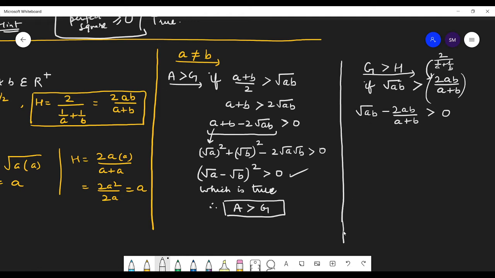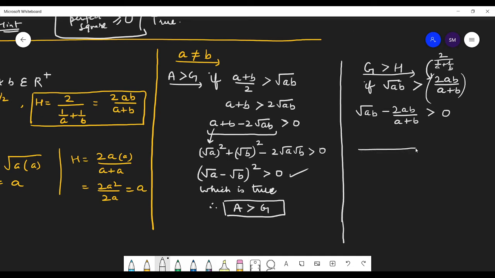Let me see who is going to do it. Can you make it a perfect square, students?